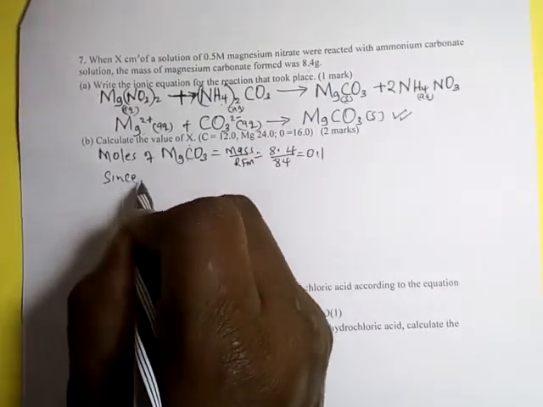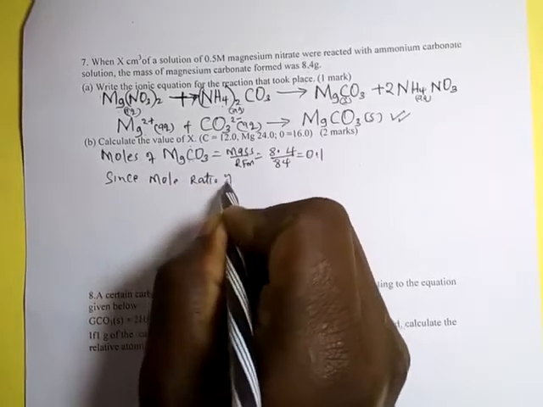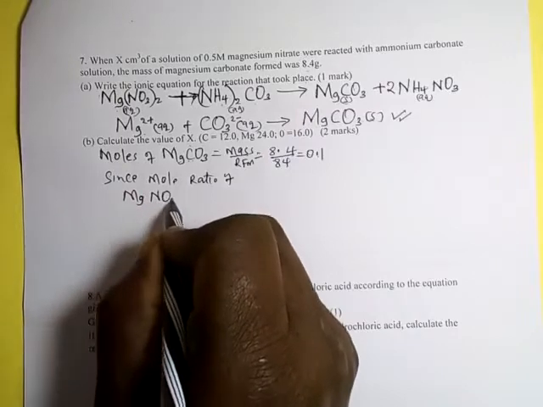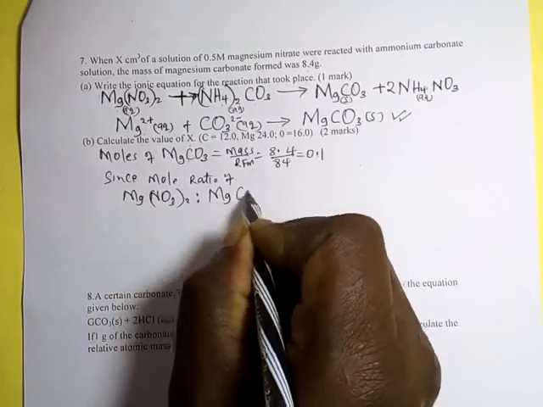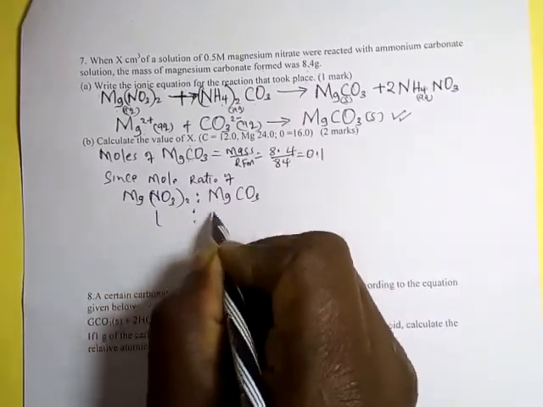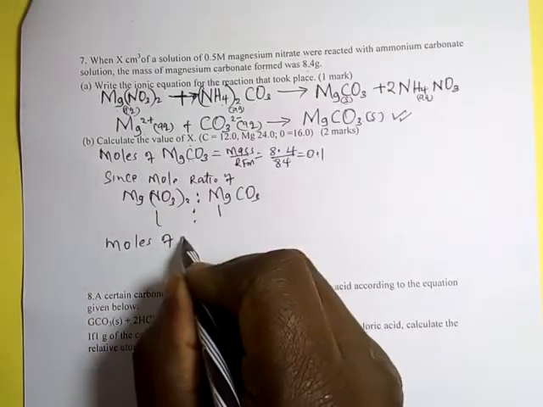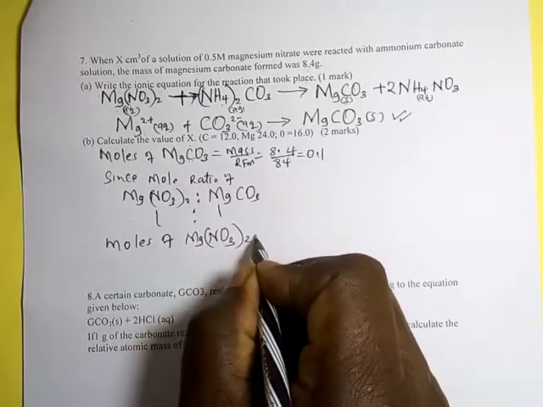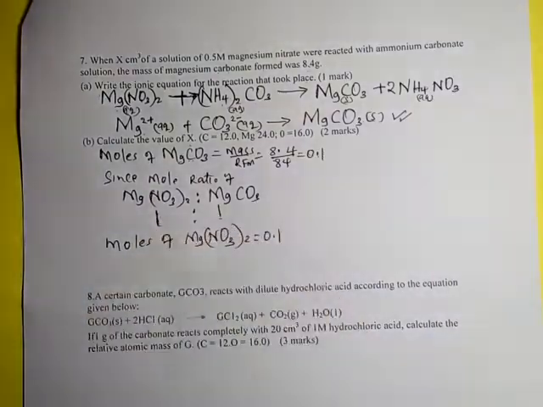Since the mole ratio of magnesium nitrate to that of magnesium carbonate is 1 to 1, moles of magnesium nitrate equal to 0.1.